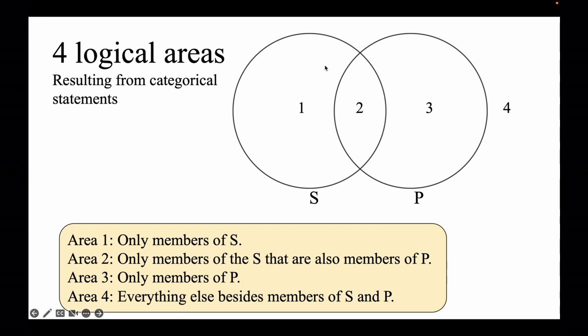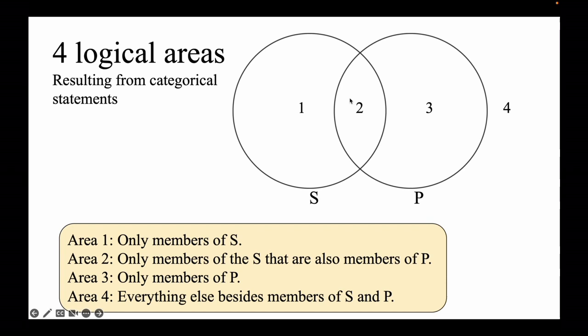When you overlap two circles, as a result, four different logical areas are formed. It is very important to understand the four logical areas that result from overlapping two circles.